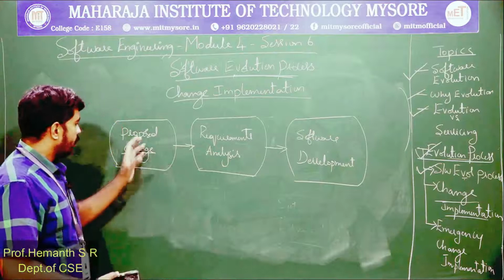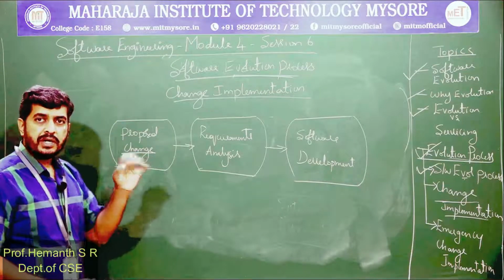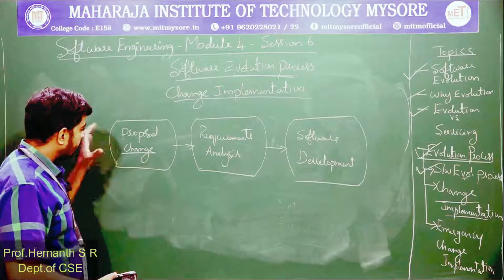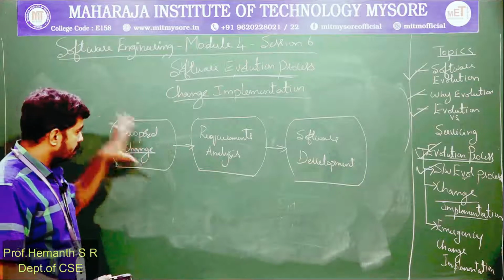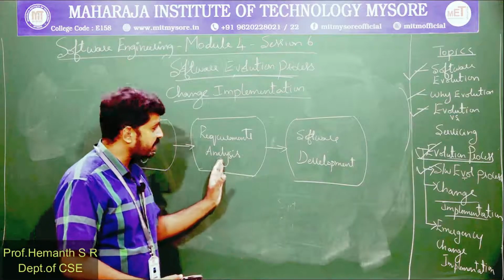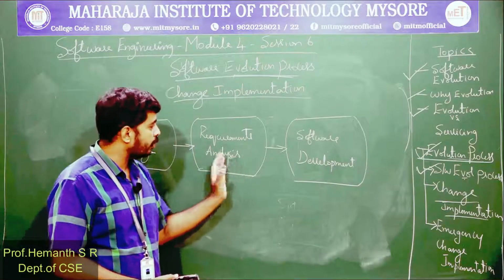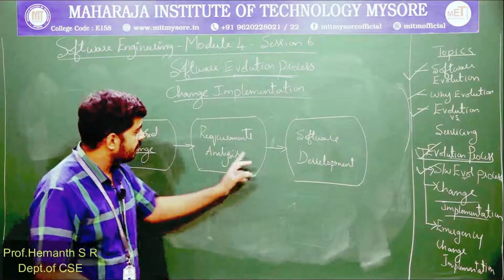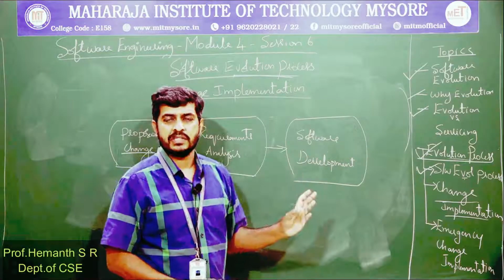So we understood whatever change needs to be done is there in the form of a proposal. For this change, what are the requirements? We will try to understand that, analyze it, document it, and once done with this, we incorporate that change.